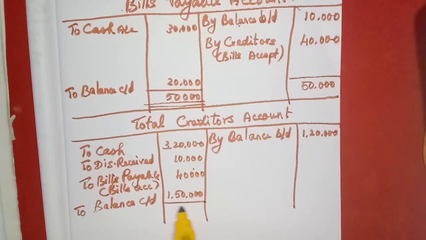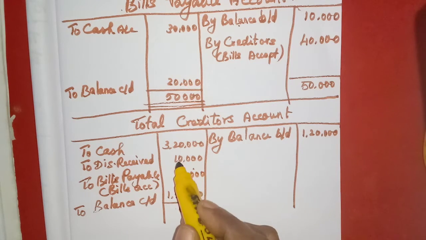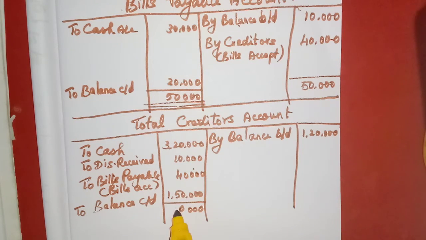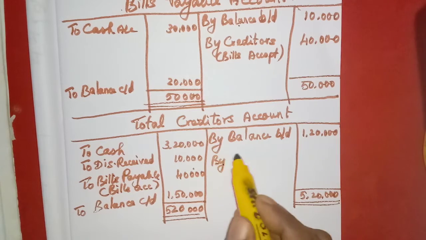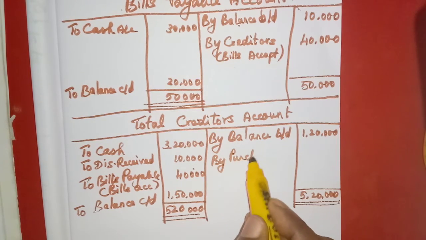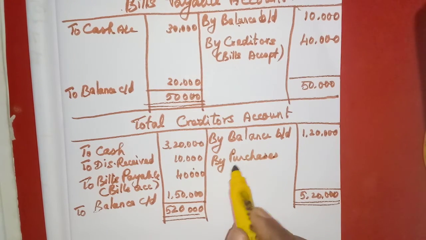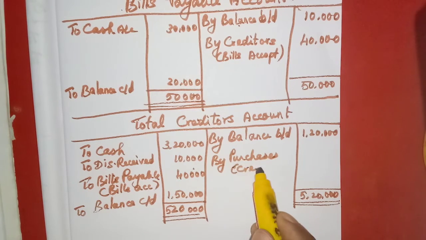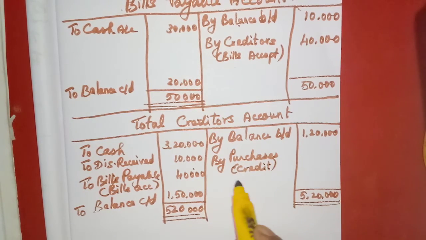Now we will total. 3, 7, 12, balance 1, 4 plus 1, 5, 5,20,000. So by purchases, here credit, then balancing figure.